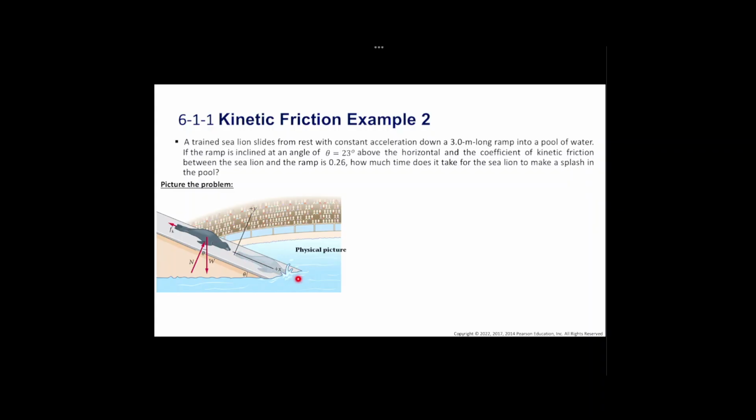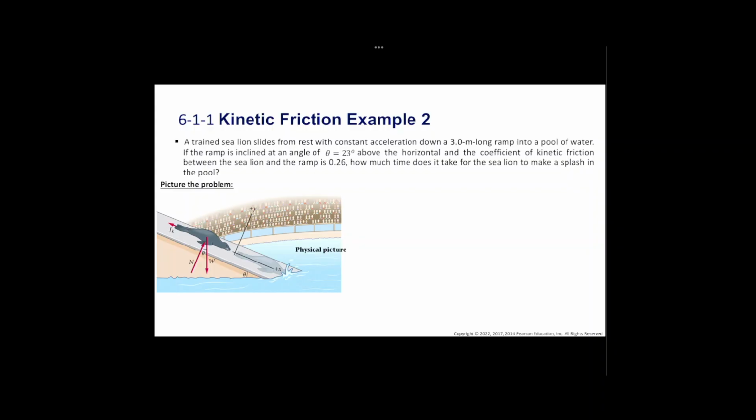It has a positive value, and it started from rest, so the initial velocity is 0. We can choose the initial position of the sea lion to be x naught equals 0 at the origin, and there is no motion in the y direction. It's sliding along the inclined surface, which is the x direction. Therefore, the acceleration in y direction should be 0.